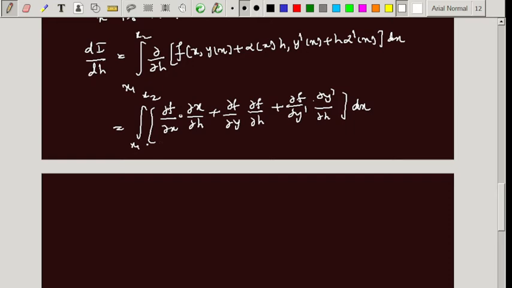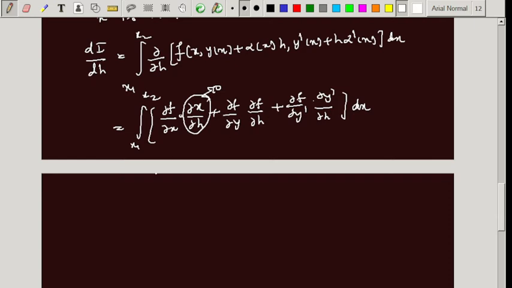So here what we must do, we must differentiate the given function. Already we have mentioned that x is independent of h, so this becomes 0. So this one is 0. Why? Because it is independent of h.